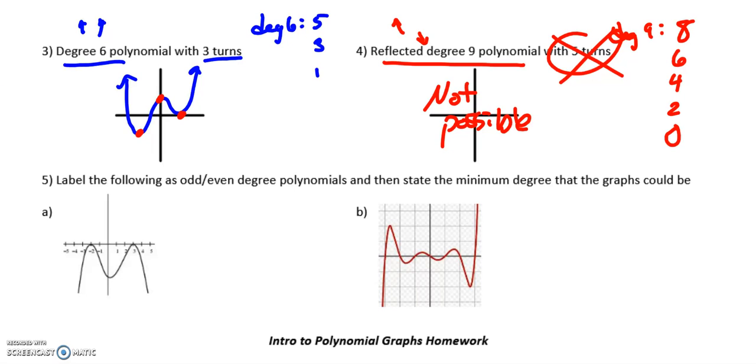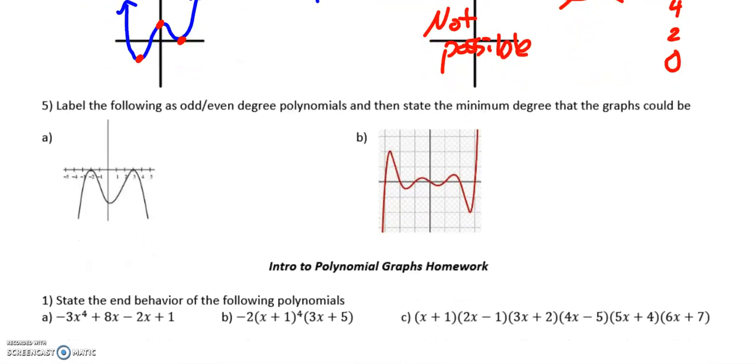2 quick examples at the bottom in our last minute here together. If I want to list if it's an odd or even degree polynomial and then state the minimum degree. Odd and even is based on end behavior. So since it's same end behavior, I have an even degree. And the minimum degree is going to be based on the number of turns.